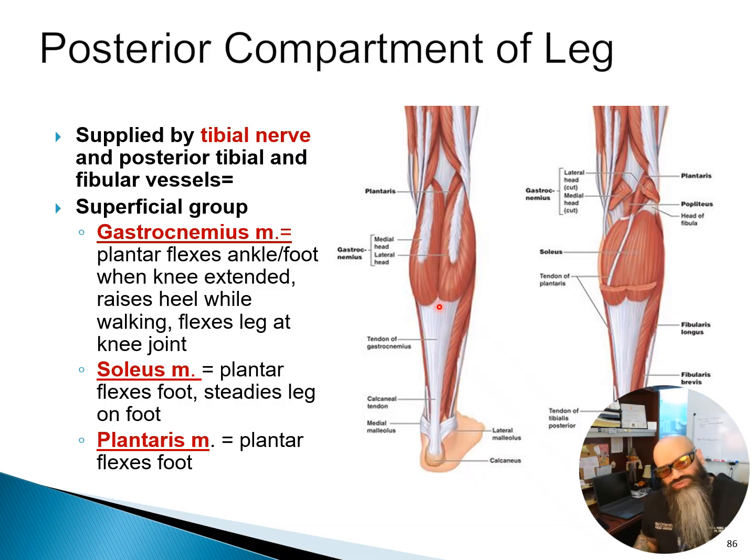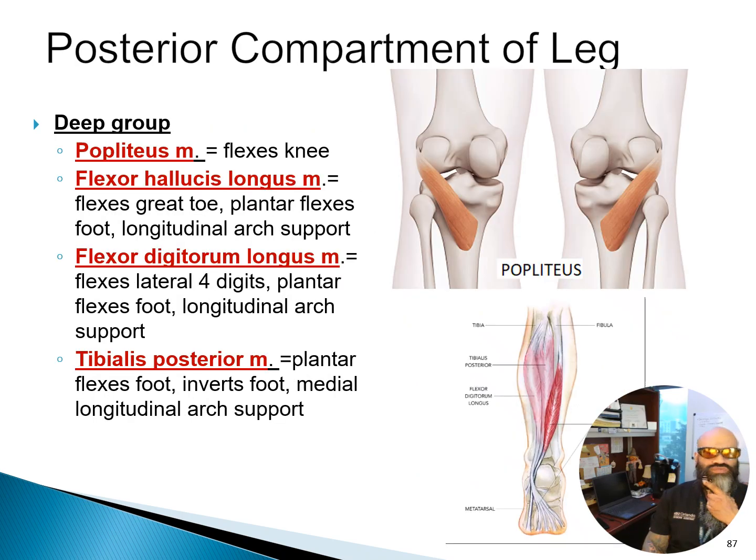But for instance, we call it the Achilles tendon, found retrocalcaneal along the calcaneus region. This is your superficial group. Your popliteus muscle helps to flex your knee. This is where it's located. It courses from the lateral femoral condyle towards the posterior tibial region. Flexor hallucis longus helps flex the great toe.